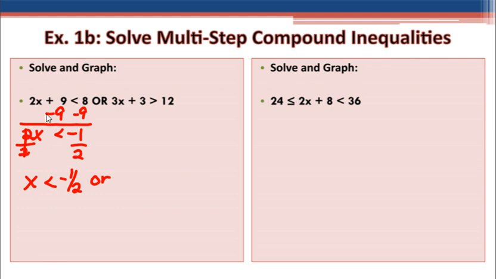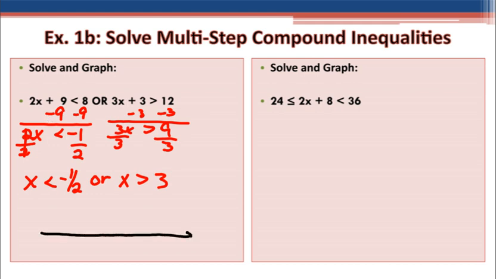To get 3x by itself in the second one, I subtract 3 on both sides, and I get 3x is greater than 9. To get x by itself, I divide by 3, and I'm left with x is greater than 3. And then I can draw my number line. I'm going from -1/2 to 3.